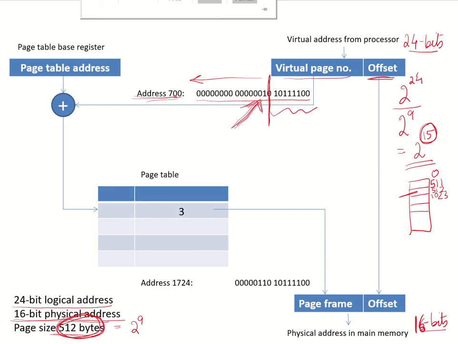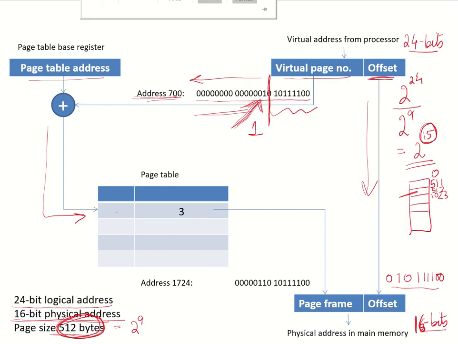And these 9 bits give the offset, which will be taken as they are for the physical address. So the offset in the physical address would be the same, 0, 1, 0, 1, 1, 1, 1, 0, 0. The virtual page number, which is 1, will give us the entry in the page table by adding it to the page table address.